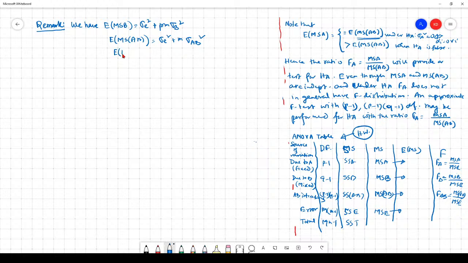Expectation of MSE, which is equal to sigma square. They are as usual valid without normality assumption.